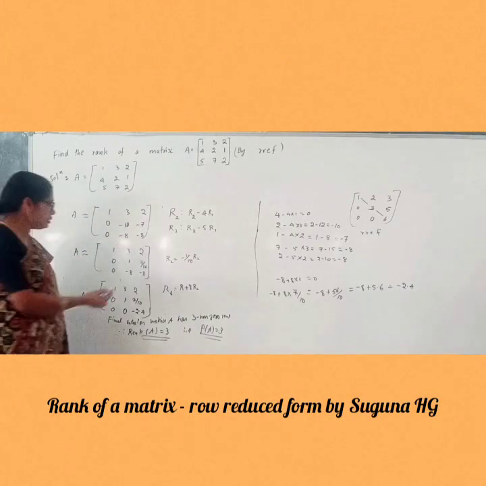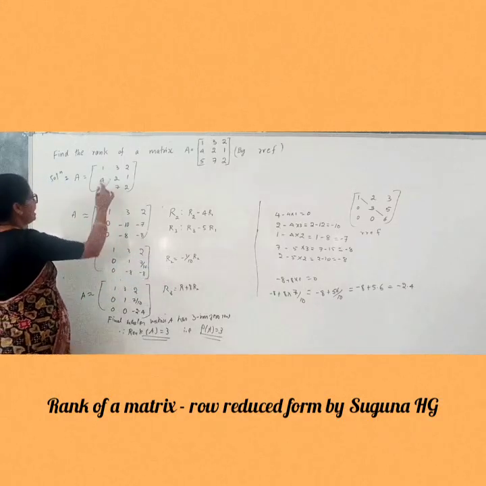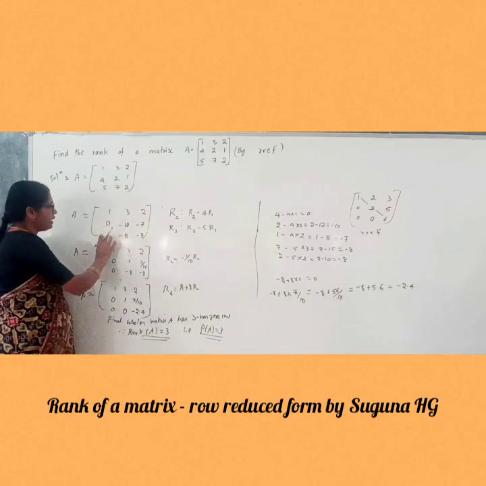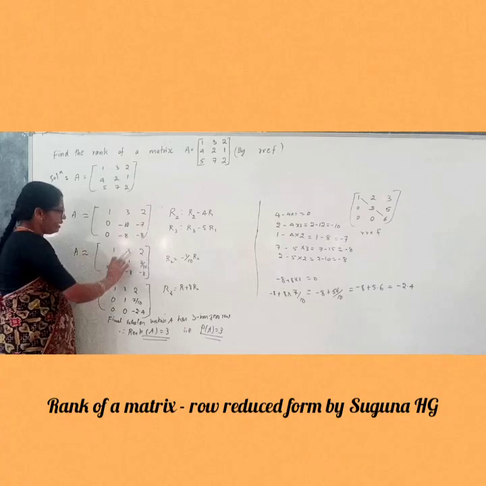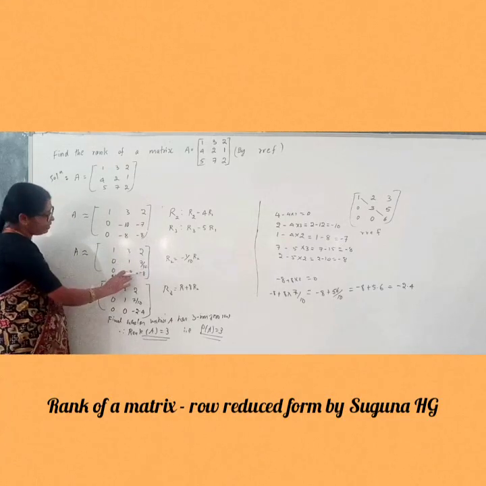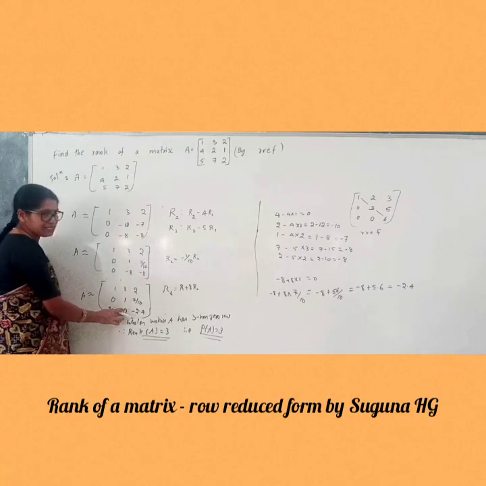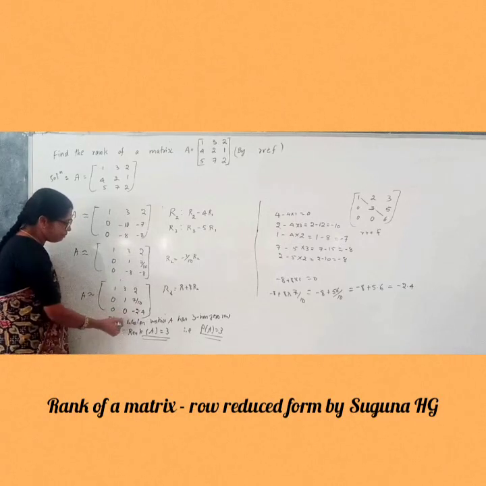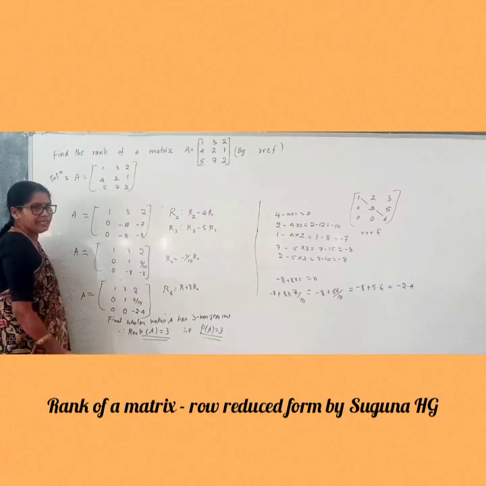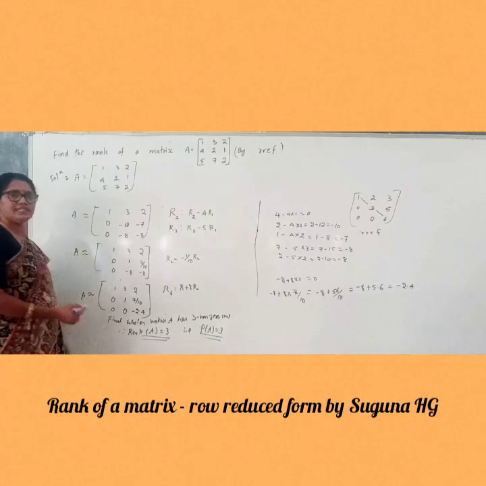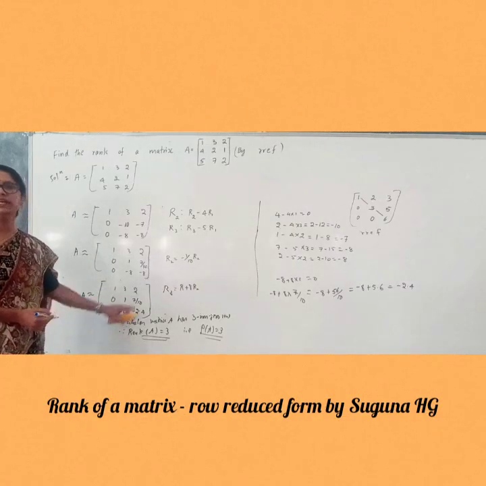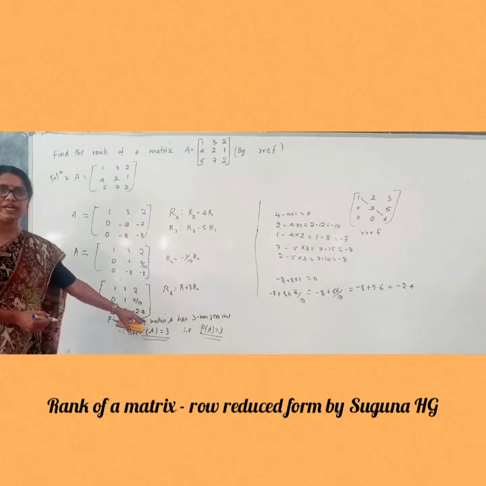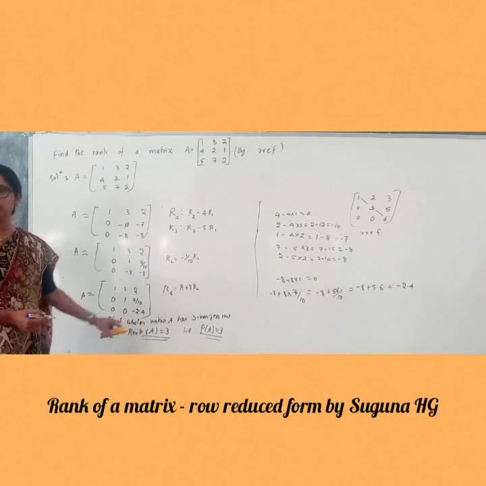In order to reduce this to row-reduced form, the first leading element should be 1 and below that zeros, and in the second row also, the first element is 1 and below that there should be zeros. Below the principal diagonal elements must be 0 and above that there can be elements. So reducing like this is known as row-reduced form. Here in this matrix we have 3 non-zero rows, therefore the rank is equal to 3.